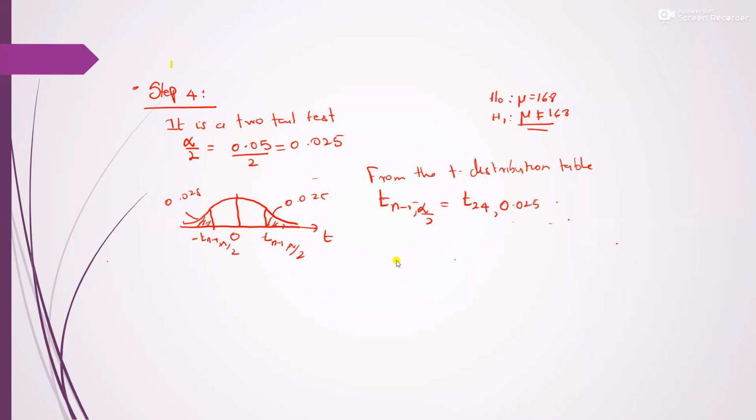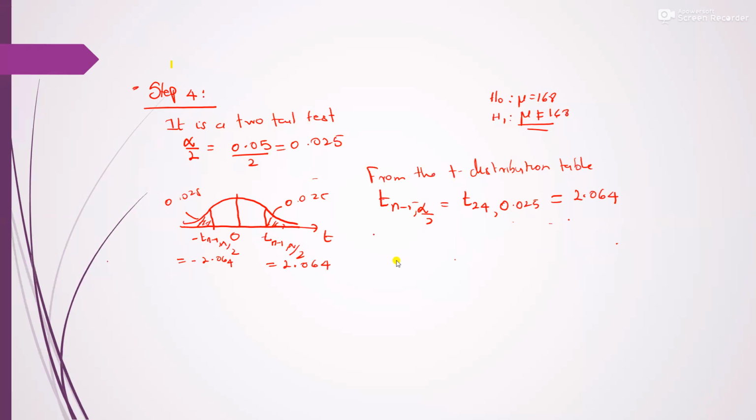So from the table, this is the row value and this is the column value, where the corresponding row and column intersect. At that point, this value is 2.064. This is equal to minus 2.064.